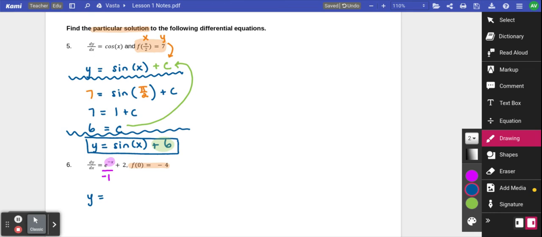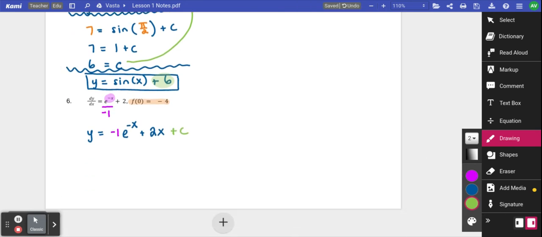The antiderivative of e to the something is just e to the something, but I'm going to multiply by negative 1 because of that dividing by negative 1. I'm going to put a negative there. Now, the antiderivative of 2 is just 2x, and I'm going to temporarily put a plus c until I determine the value of c that is correct for this problem.